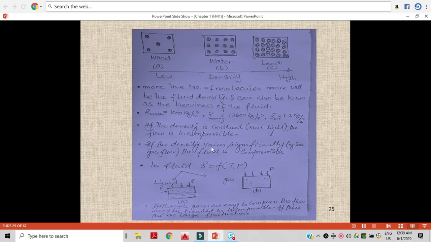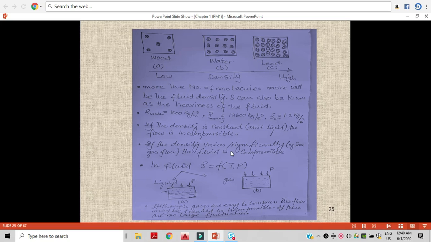So normally liquids are considered incompressible fluids, because when we apply pressure or temperature, they don't expand much. The density doesn't change much, so in reasonable consideration they neither expand nor compress. That's why we consider most liquids incompressible.